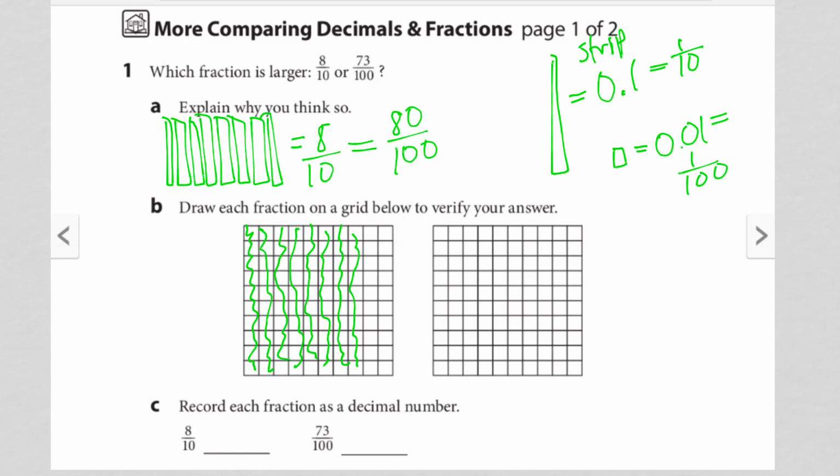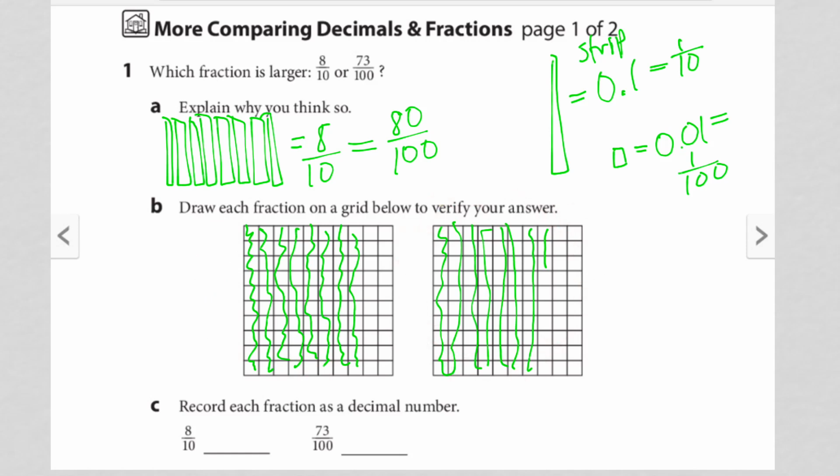And then on the other side, we're doing 73 hundredths, so we're going to shade in 7 strips, and then we're going to shade in 3 units. Our goal is to see that this one on the left is in fact 80, and on the right side this is 73.